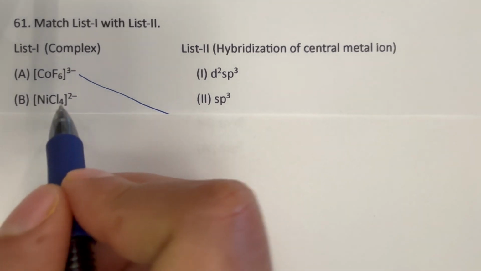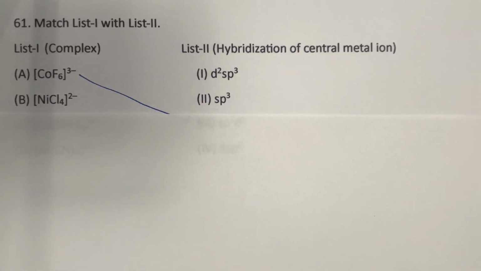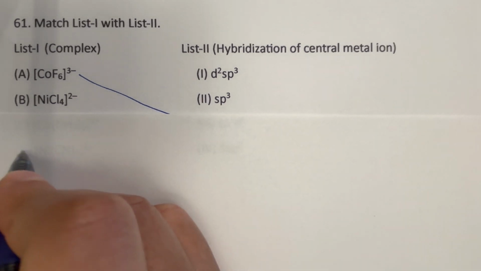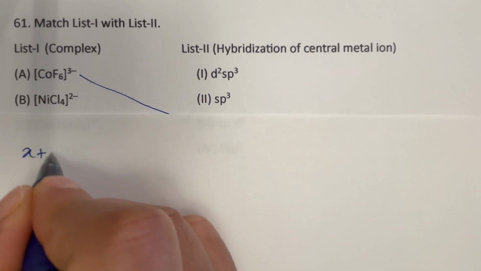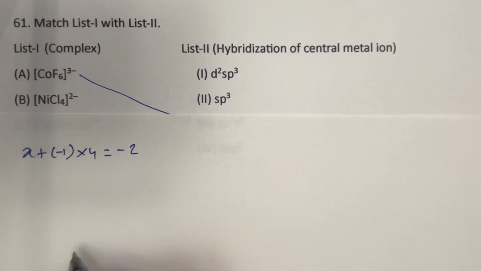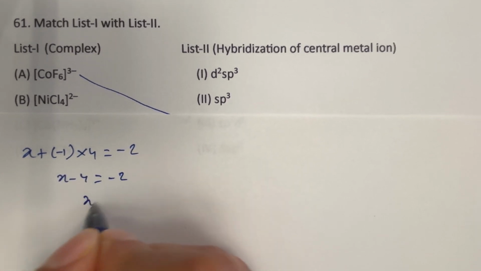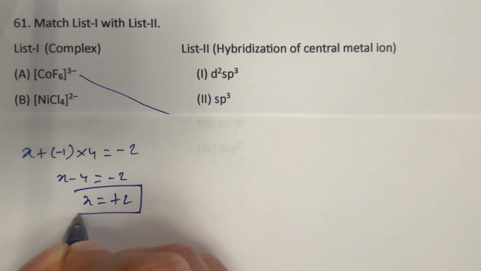Let us work on the next one. So, here we have a nickel complex with chlorine as the ligands. Therefore, X plus minus 1 times 4 is equal to minus 2, and therefore, X minus 4 equal to minus 2, and that means X is equal to plus 2.